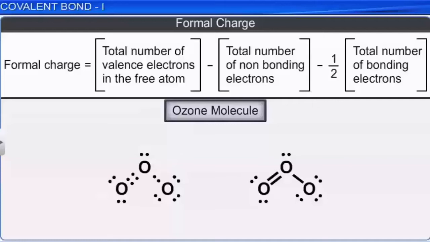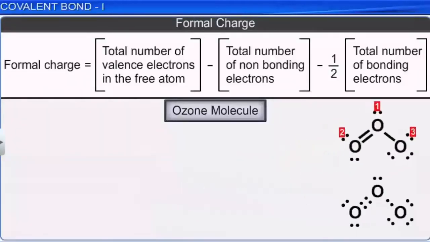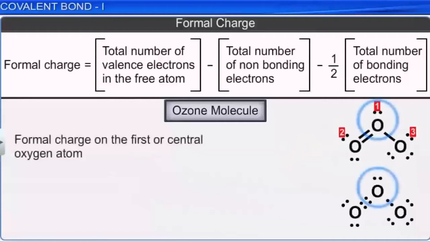Let us number the 3 oxygen atoms as 1, 2, 3 respectively. Let us first calculate the formal charge on the first or central oxygen atom. The formal charge on it is equal to 6 minus 2 minus half multiplied by 6, which is equal to plus 1.